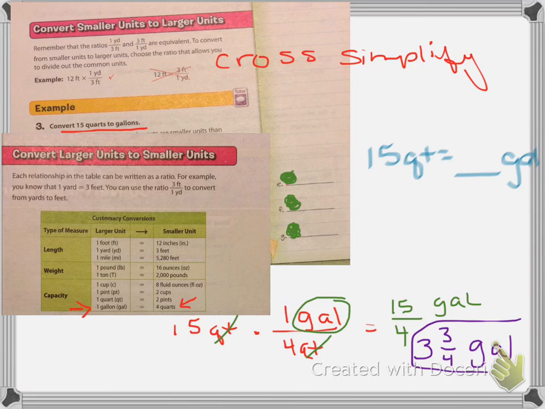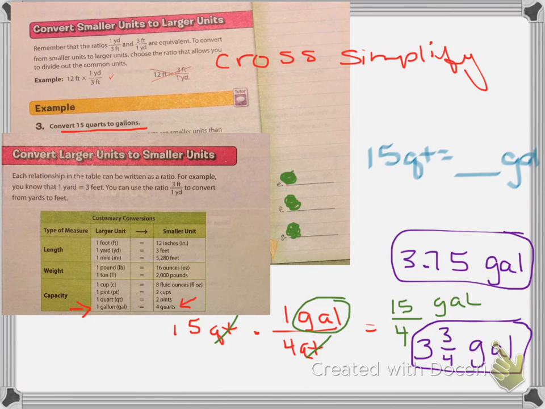So your final answer for this problem would be that 15 quarts is equal to 3 3/4 of a gallon. Now in the book, they have it as 3.75. I would accept either answer, 3.75 gallons or 3 3/4. Either would be fine. So you would have gotten the 3.75 by dividing it out through decimals.